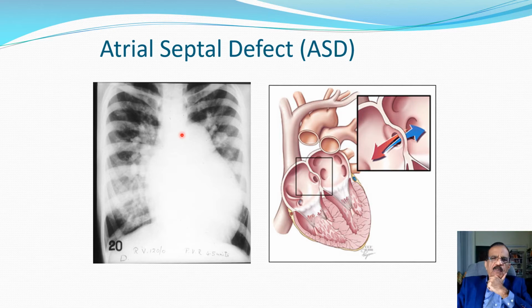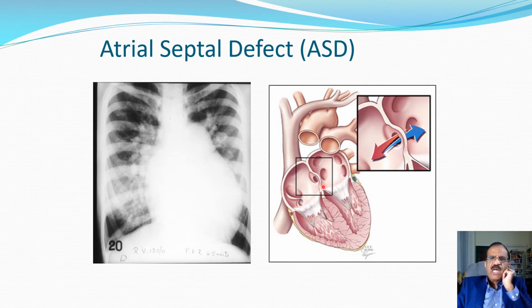You must also appreciate this prominent pulmonary conus. This is due to pulmonary hypertension. You may also appreciate this increased shadowing in the lungs, which may be due to increased pulmonary circulation, which is the feature of this disease. This is a patient with advanced pulmonary hypertension as a result of atrial septal defect.